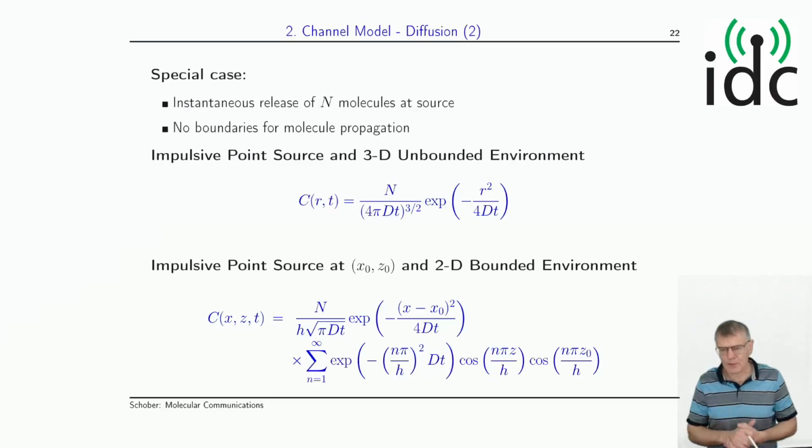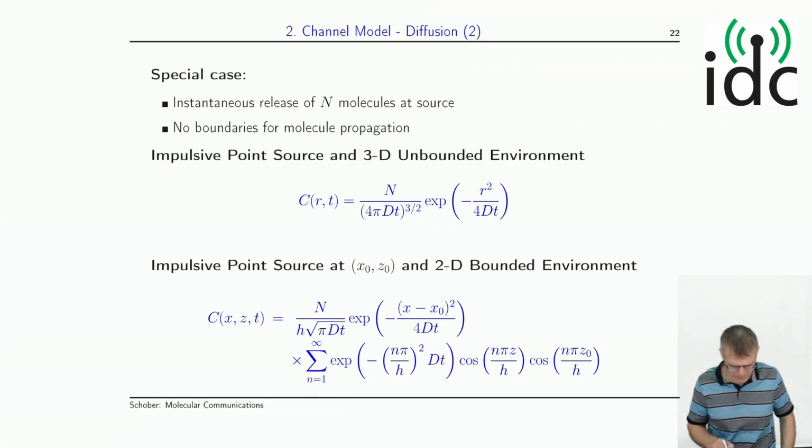If you make this model only slightly more challenging, for example, we have now a two-dimensional model with just two boundaries. This is the only change, so we introduce two boundaries. Then the corresponding concentration of the molecules is given by this equation here. And the details are not so important, but you can see that here we already have an infinite sum.